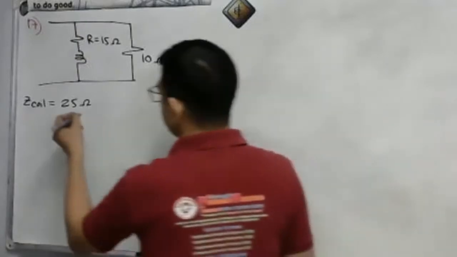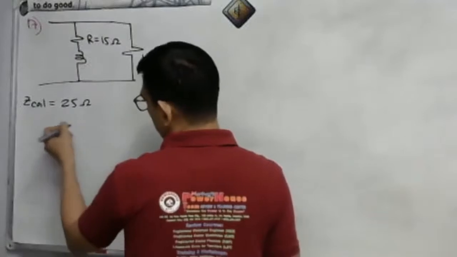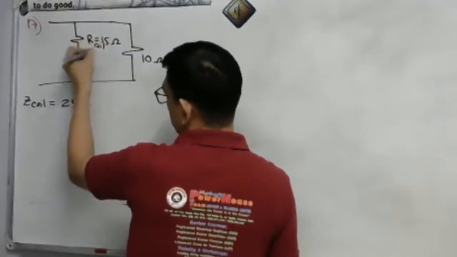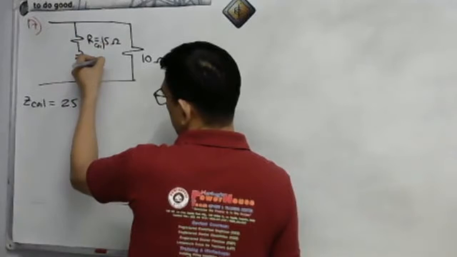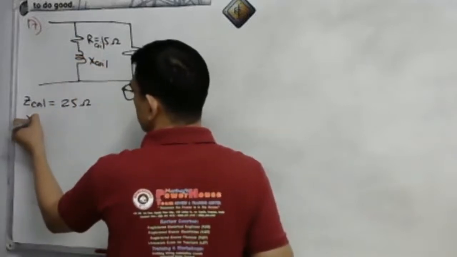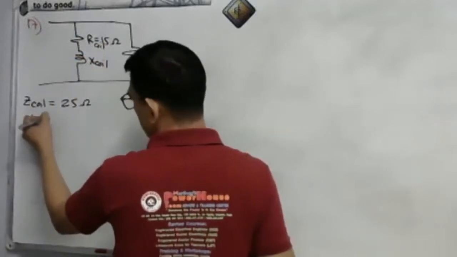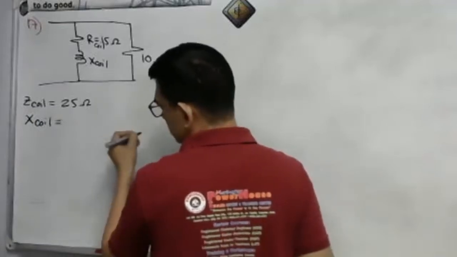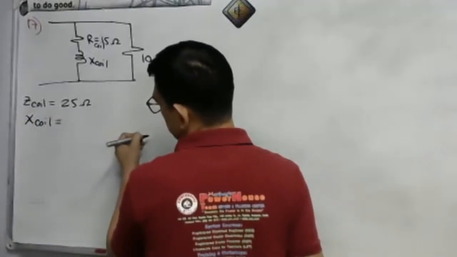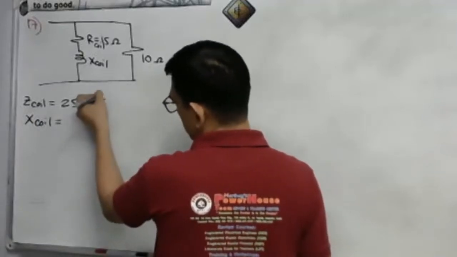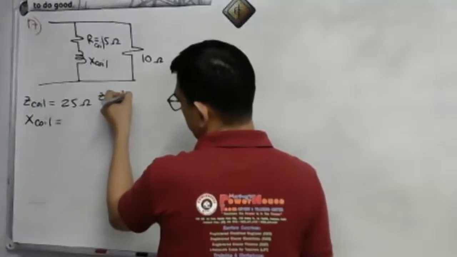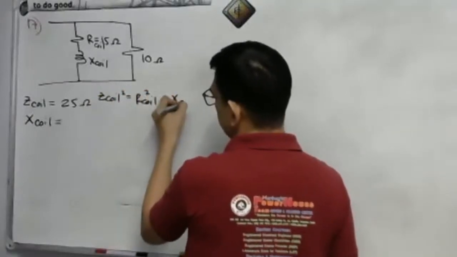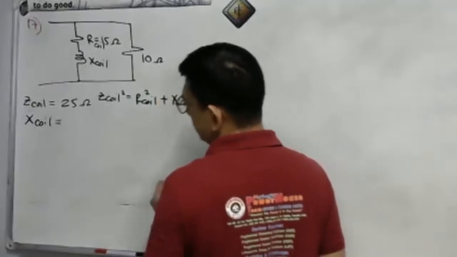So let us get first our R of the coil and X of the coil. This is R of the coil, and we have the X of the coil. We can go directly with the Pythagorean theorem here, because Z of the coil squared is equal to R of the coil squared plus X of the coil squared, right?